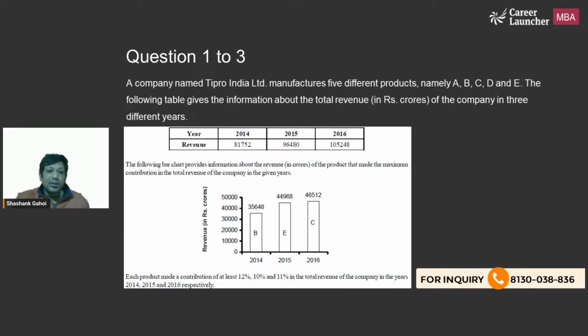In 2015, E made, let's say, close to how much? It is 40%, 45% or something like this. And it says that all the remaining four have contributed at least 10%, and in 2016 they made a contribution of at least 11%. Okay, so basically we have understood the data.